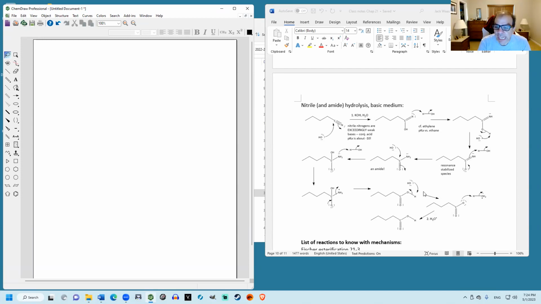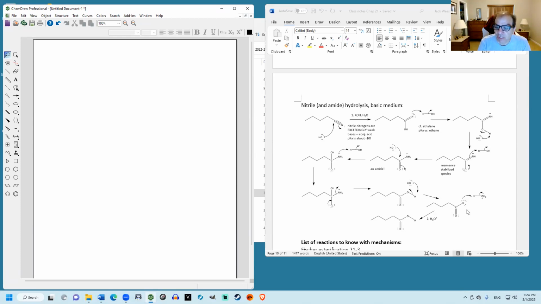And finally, notice again, we have deprotonation of the carboxylic acid in alkaline solution. You have to show this step. Otherwise, the mechanism is not complete, because you can't prevent the deprotonation of the carboxylic acid. It's going to happen in alkaline solution.